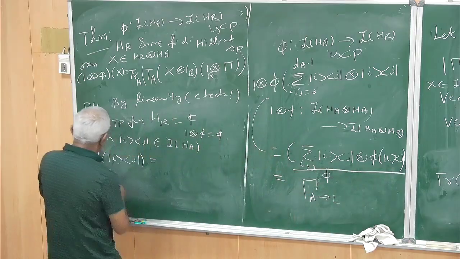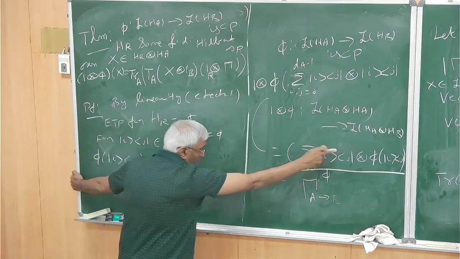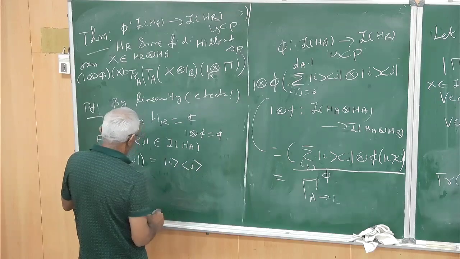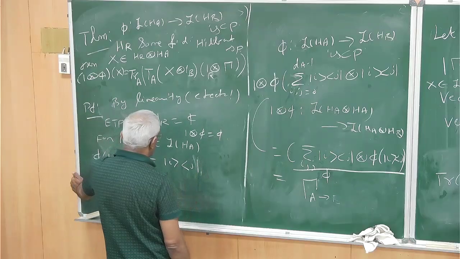Phi of ij equals, maybe with a sum over i prime j prime, whatever.